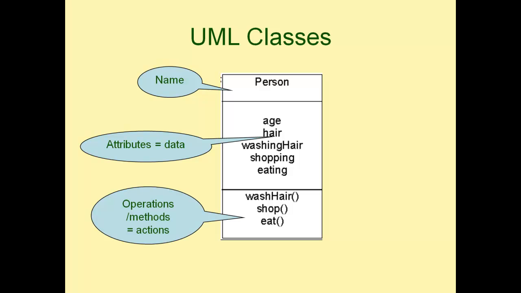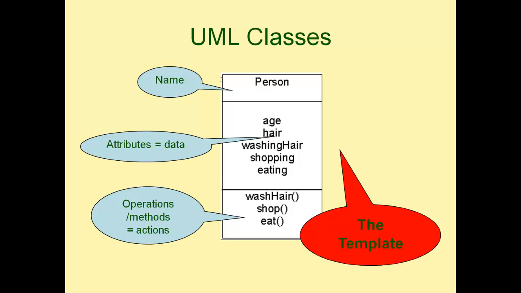And then we have this additional compartment at the bottom, which is concerned with operations and methods, because we don't just think about characteristics to describe something, we always think about actions that that particular object takes. If you think about it, that's how we define the world. It's not just what it looks like, it's what it does as well. And the important thing is to realise that what we define there is a template, a class.